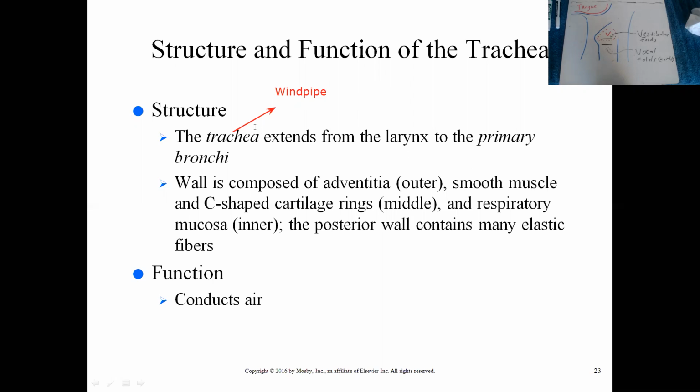There's smooth muscle, which can constrict or dilate your trachea.